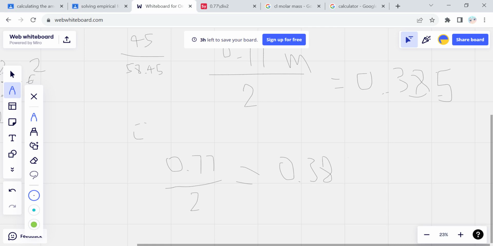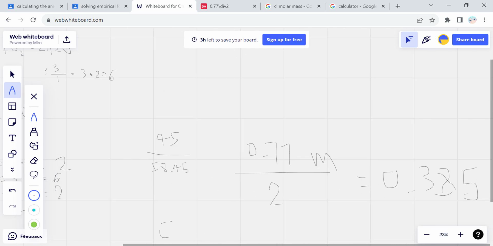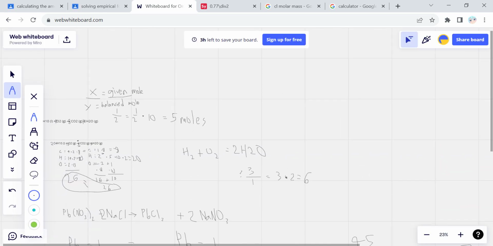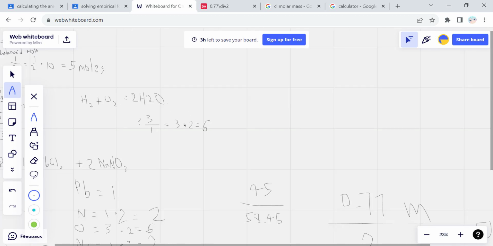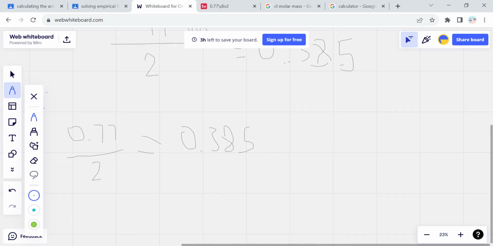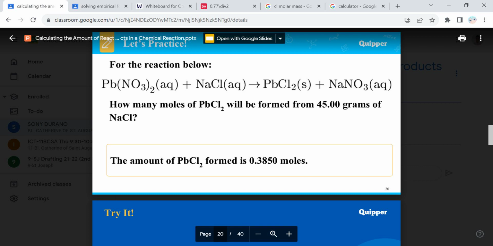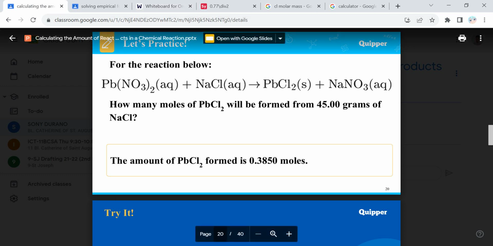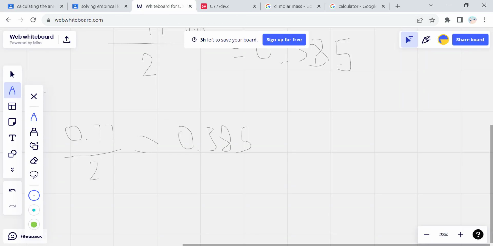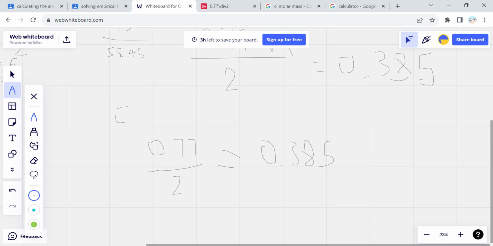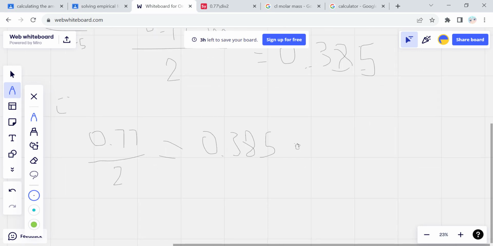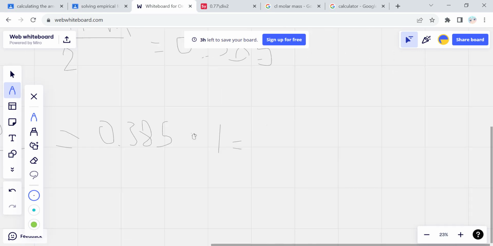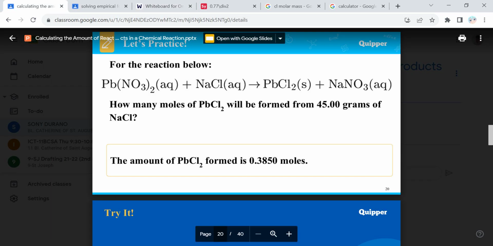And after that, we multiply it by the mole of what is asked, what we're calculating for. So for PbCl2, the balance mole is 1. Times 1, we get 0.385. So that's basically the answer, 0.385.